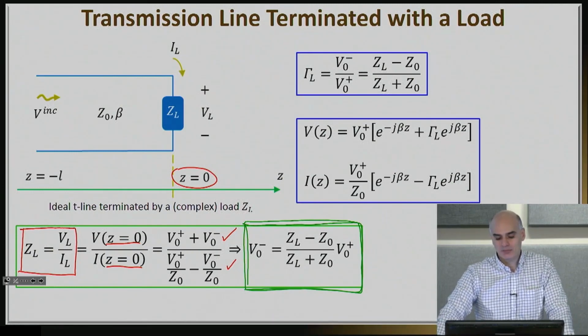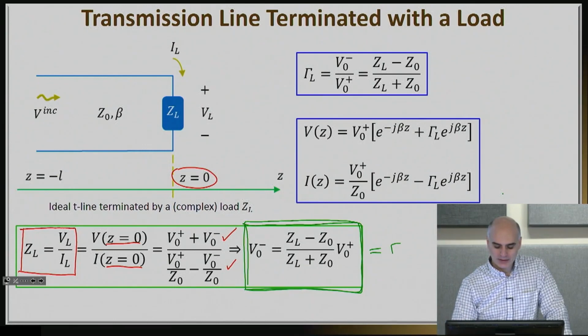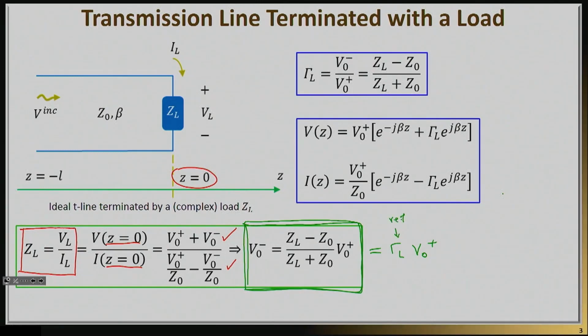V0 minus is going to be equal to ZL minus Z0 over ZL plus Z0 times the known incident voltage. Now, we will often write this as gamma L times V0 plus, where this gamma L is essentially my reflection coefficient caused by the load. As is shown from this equation, gamma L is simply ZL minus Z0 over ZL plus Z0, and I have explicitly written it right here.